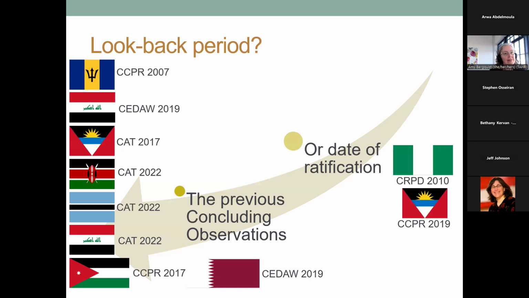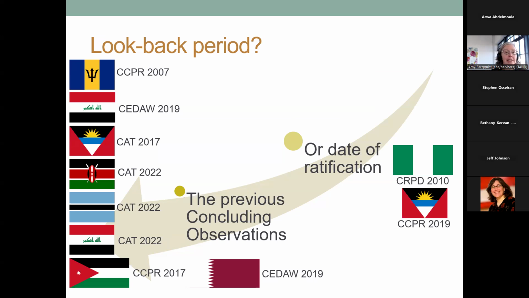But those are the documents you'll look at. And then the look back period, sorry for the chaotic nature of this slide, is going to be either when the previous concluding observations came out, or if this is the country's first time engaging with the treaty body, the date they ratified the treaty. So in that latter category, Nigeria ratified the Convention on the Rights of Persons with Disabilities in 2010, and this is the first time it's been reviewed.